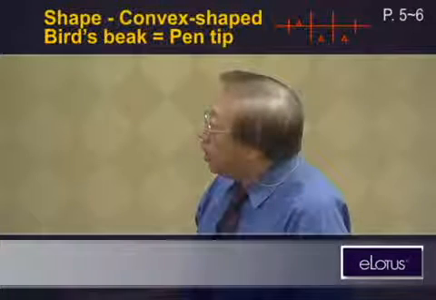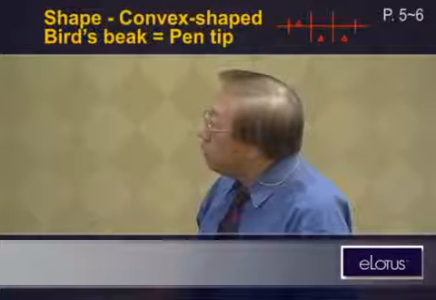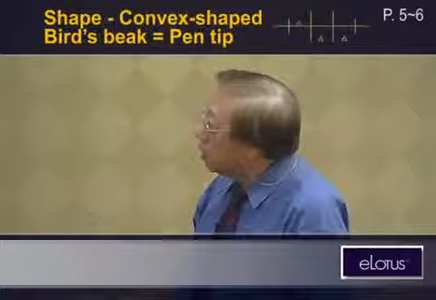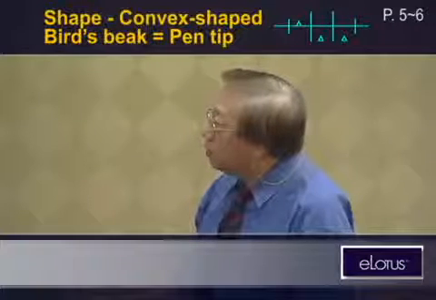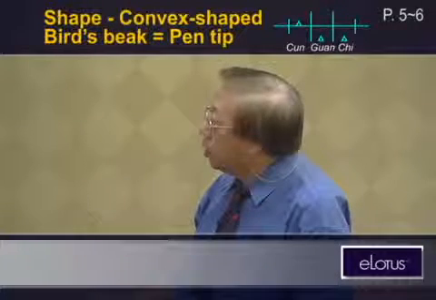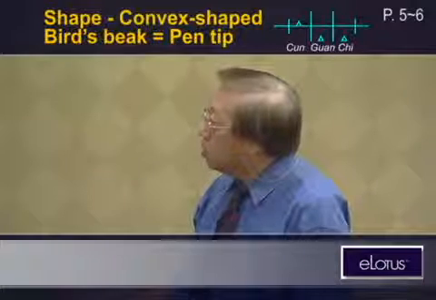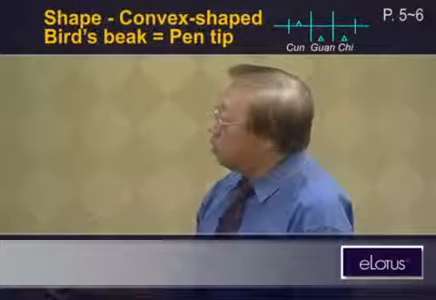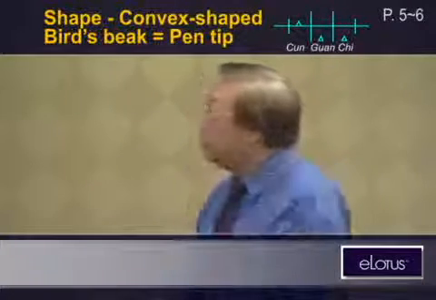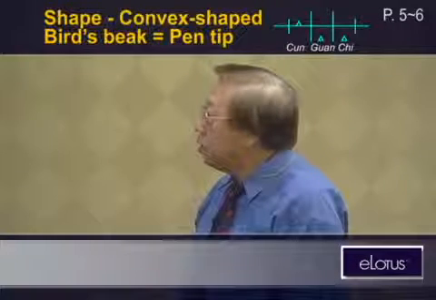But the very big pulse can happen anywhere. I find this line can be very, very useful. See the double cross line? These lines are the cun, the guan, and the chi, and this is beyond the cun, and this is beyond the chi, and this is in between.